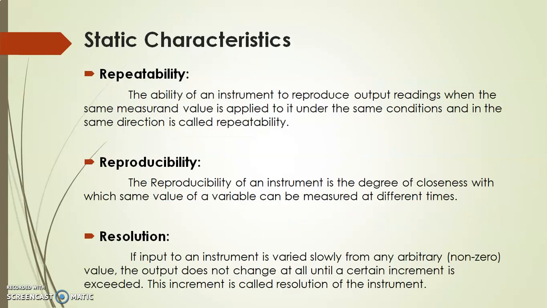Now the next characteristic is repeatability. How can you define repeatability? The ability of an instrument to produce the same output readings when the same measurement value is applied to it under the same condition and in the same direction is called repeatability.